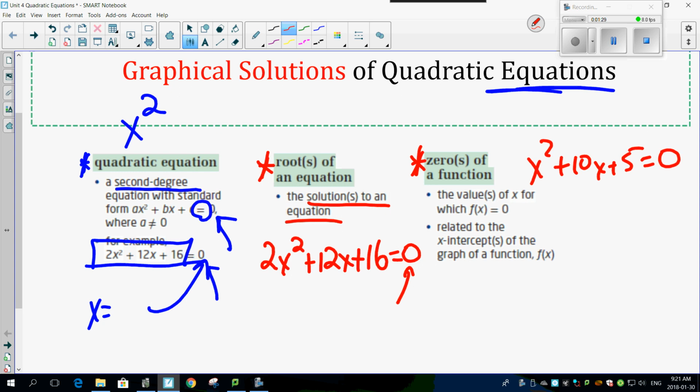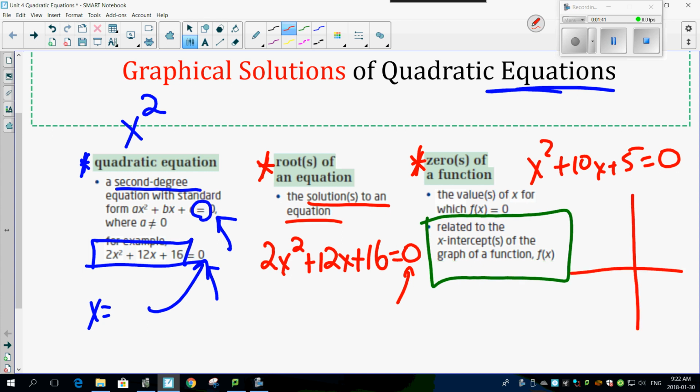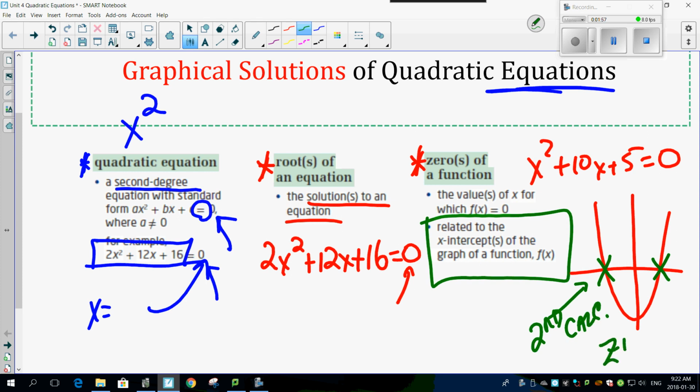Now, zeros might be something you've heard of before in a previous podcast, because zeros are related to the x-intercepts of the graph. What do I mean by that? Do you remember this from a couple podcasts ago? We had some sort of parabola that went like this, and it asked, what are the x-intercepts? You found the x-intercepts to be this guy and this guy, and you went onto the calculator, did second calc, and found a wonderful thing there called a 0.